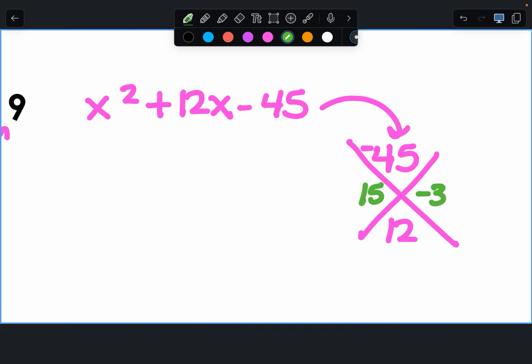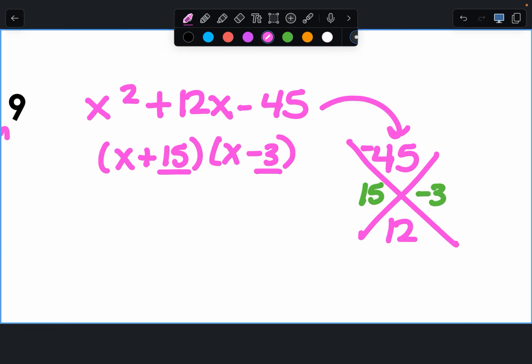15 and negative 3. Now, I guarantee you there will be an answer choice that has x plus 15, x minus 3. But when you factor, what can you not forget? Give the kid back. What number was the kid? 5. So you get x plus 3.